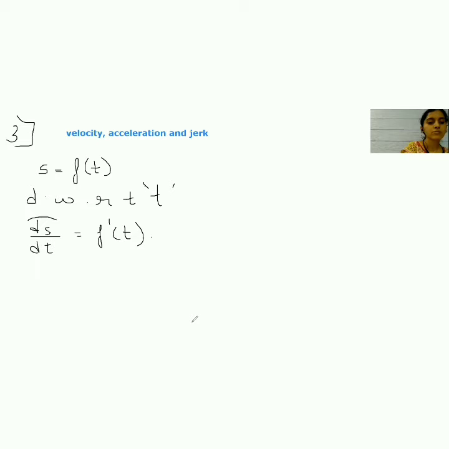Now, what is ds by dt in physics? We have come across this, that is displacement with respect to time. It is velocity. So the first derivative of the function s equal to f of t is v equal to f dash of t, velocity with respect to time.